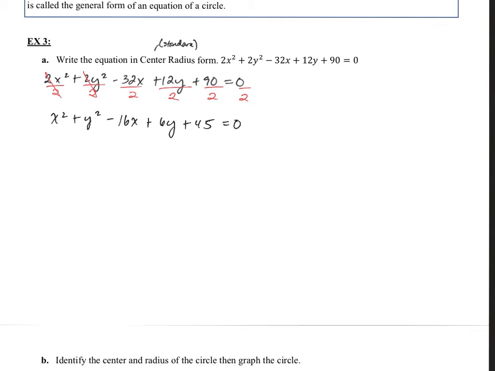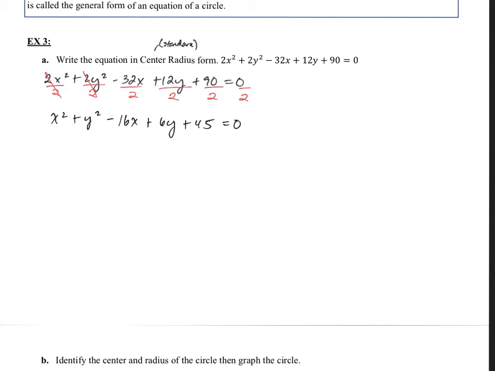Next, we want to set this up for completing the square. So remember, for completing the square, you always move the number that doesn't have a variable to the other side. So let's do that. Subtract the 45 from both sides, and we'll get x squared plus... okay, I'm going to take this time.